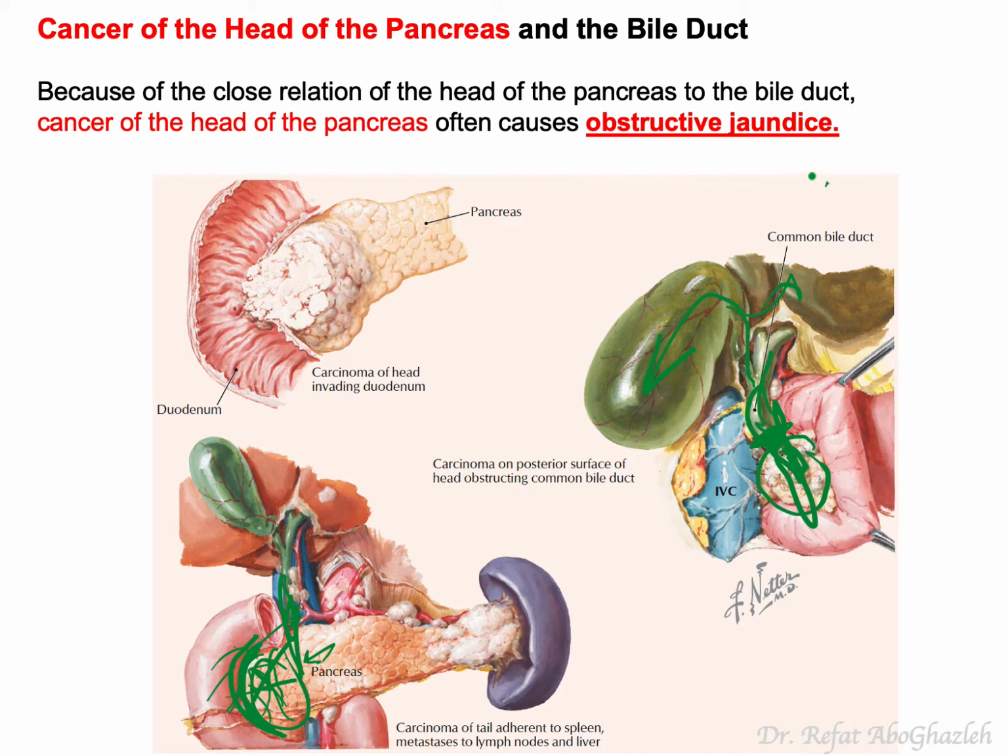This will be shown under the skin, so it is known as obstructive jaundice. So jaundice sometimes, and not always, is a sign of cancer of the head of the pancreas, or any cause of obstruction of the bile duct, stone or whatever.